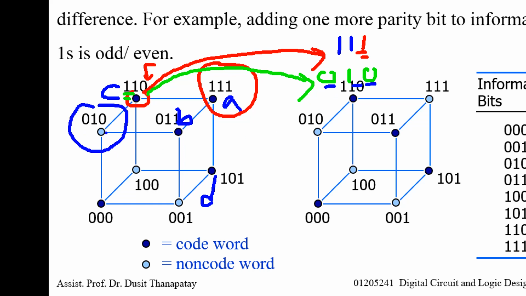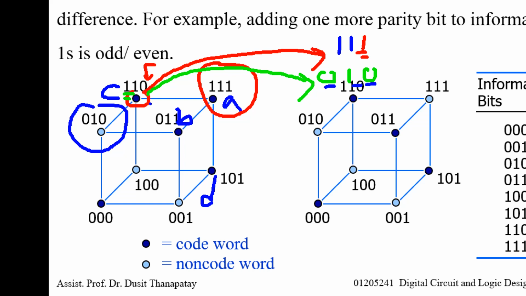For 010, if there is no meaning, the receiver will know that some error occurred during the data transmission through the media. So the receiver may request the transmitter to send the data again.